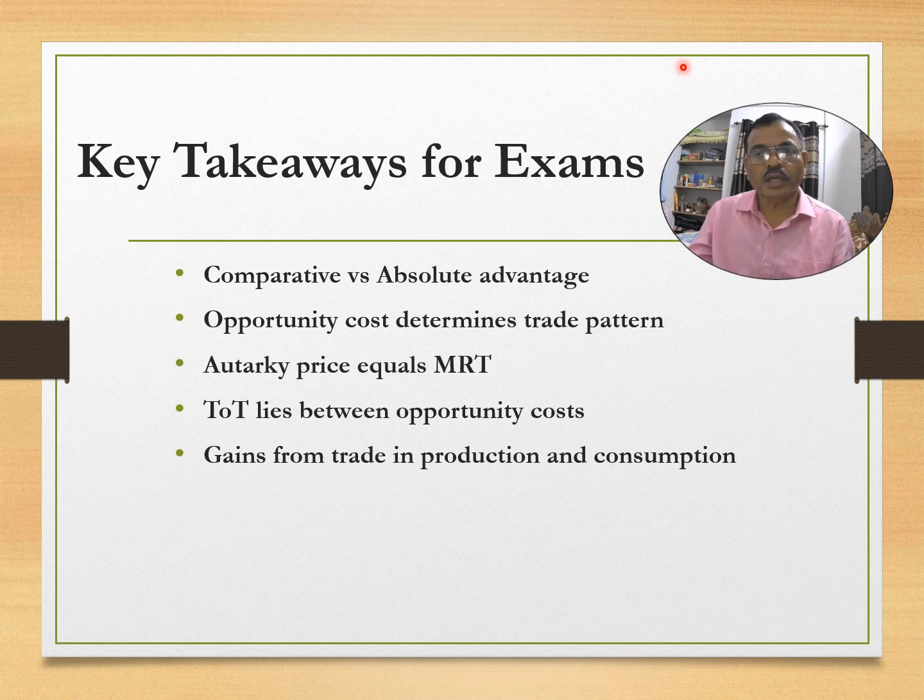If you clearly understand these 5 points, you will be able to answer most theoretical and numerical questions from this topic. Now that we have understood the basic logic of comparative advantage, the next step is to formalize it more rigorously.